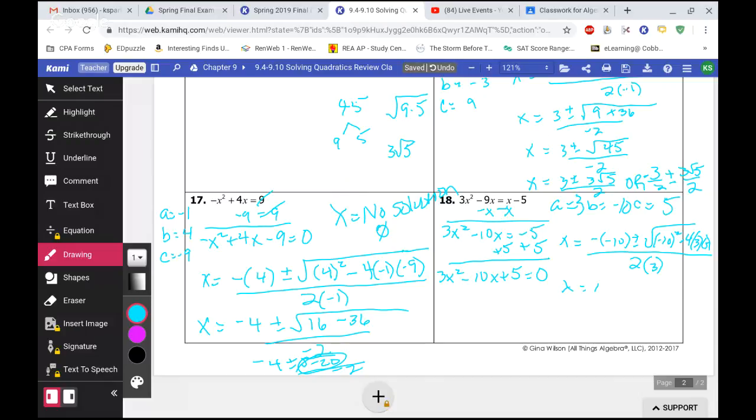So x equals 10 plus or minus 100. And then -4 times 3 is 12. And 12 times 5 is 60. So that's minus 60 all over 6.